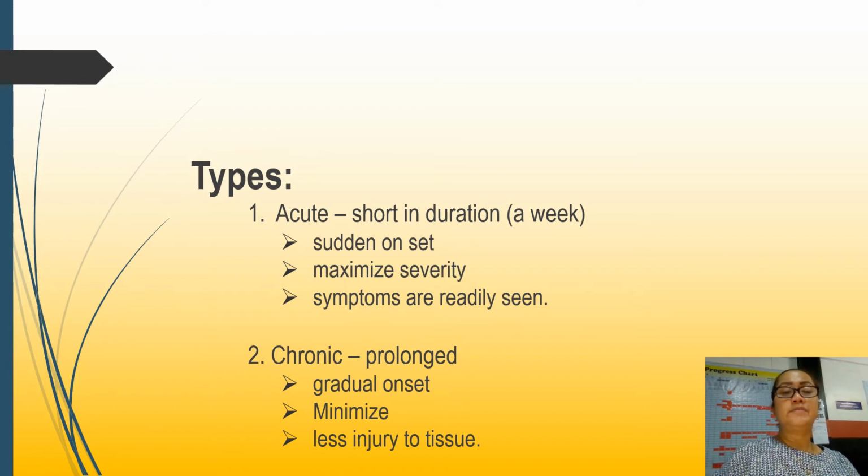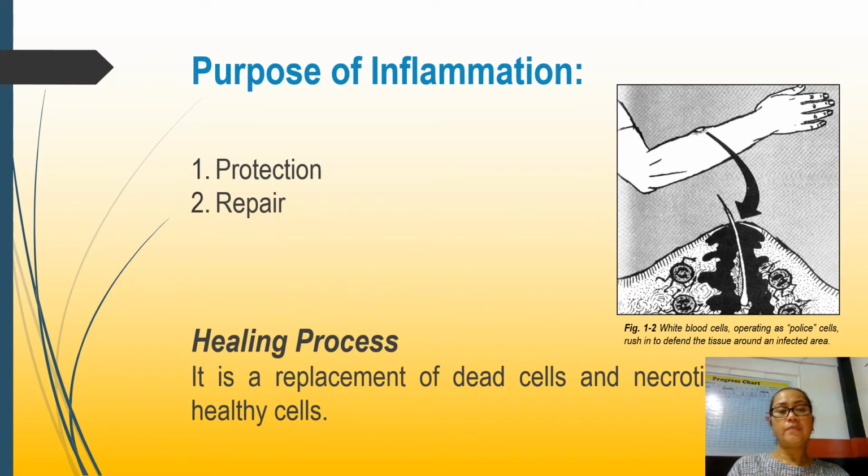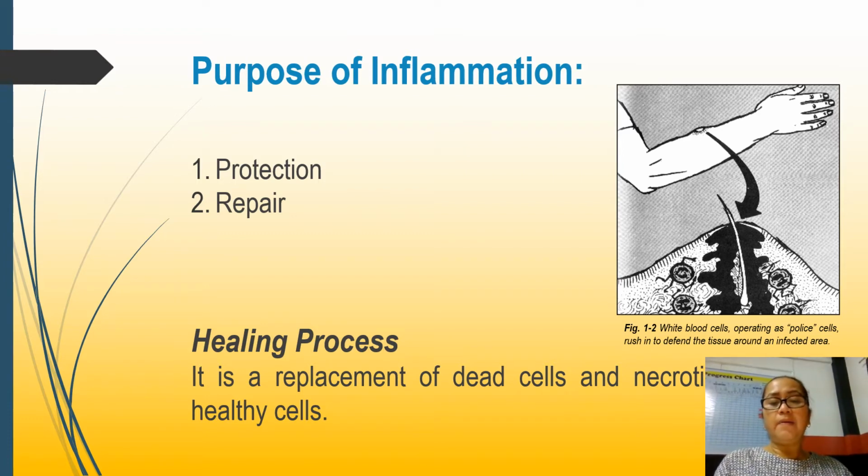No more? Okay, so for example, your chronic is your tuberculosis, your cancer, which you were diagnosed with previously, but you're still alive and seeking treatment. That is your chronic, meaning for a long period of time.